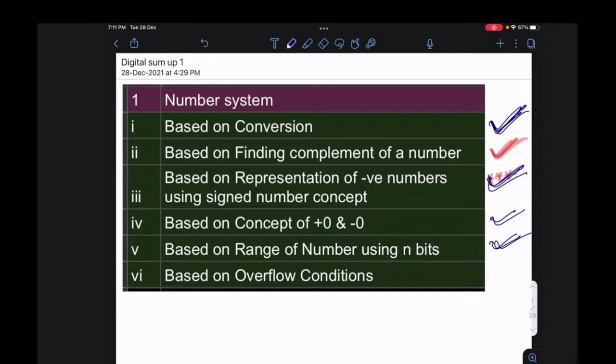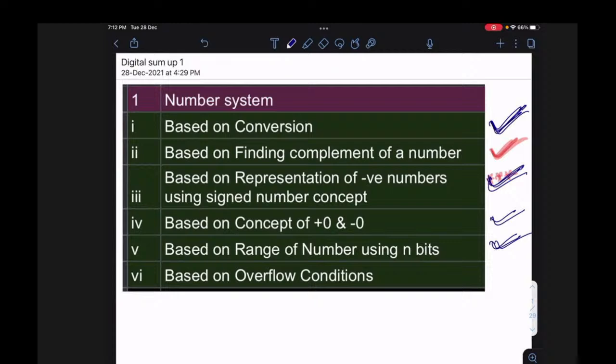If you ask me in an overall sense whether number system is important, then relatively, compared to sequential circuits and combinational circuits, its chances are less. But nobody can deny it, right? One thing is true: for the electrical stream, number system is not important. But for computer science and electronics and instrumentation, number system is important, because if you see the previous year question papers of number systems, there are a good number of questions.